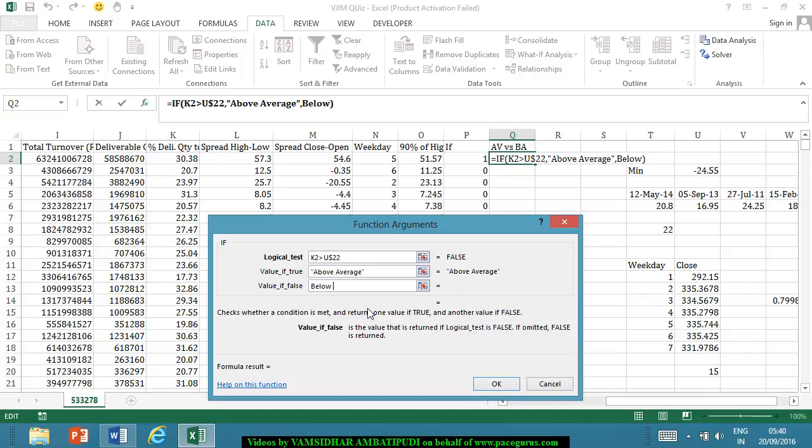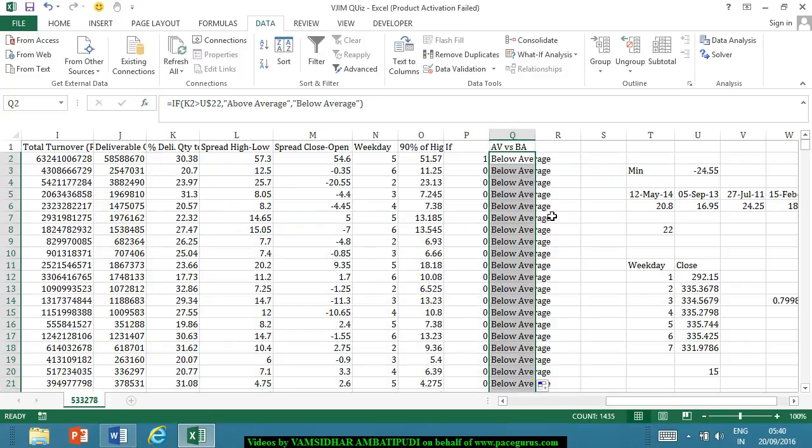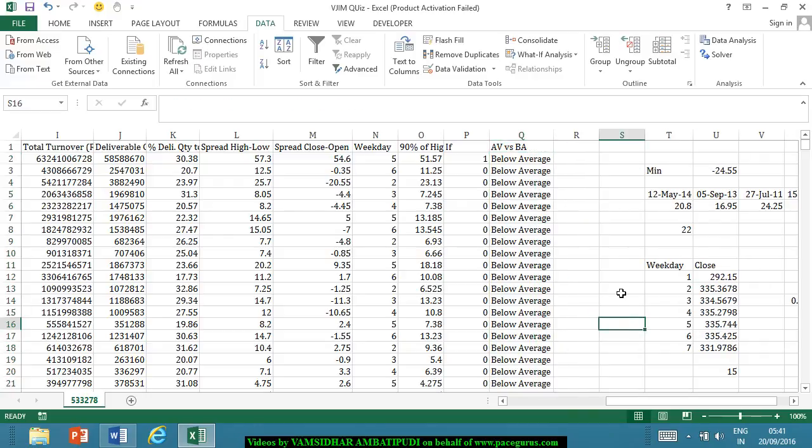Otherwise, I'll call it below average. Alright, so I have one category that I have created. Some of them are below average, where the percentage delivery is lesser than the average. Some of them are above average, where the percentage delivery is above the average.